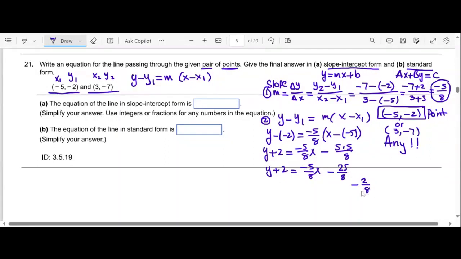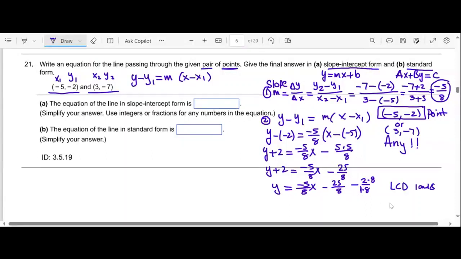And then I have to find the LCD. What's the LCD for 1 and 8? Of course, it's 8. So I have to multiply the bottom by 8 and the top by 8. And don't forget we have 25 over 8.